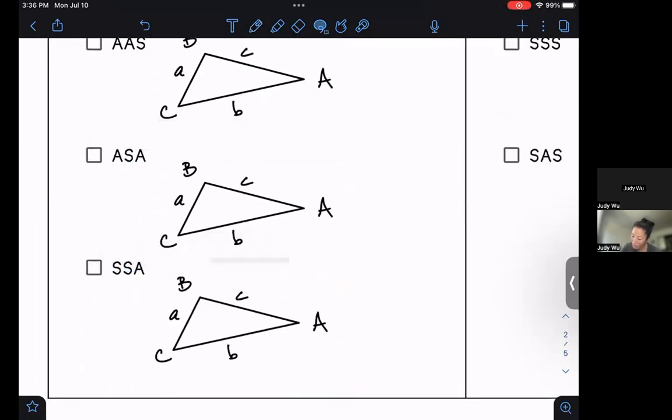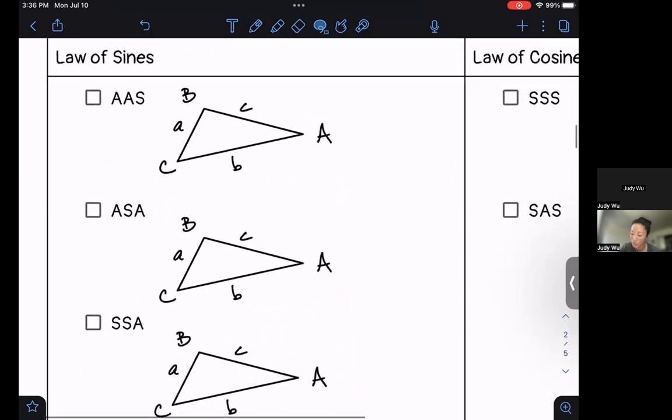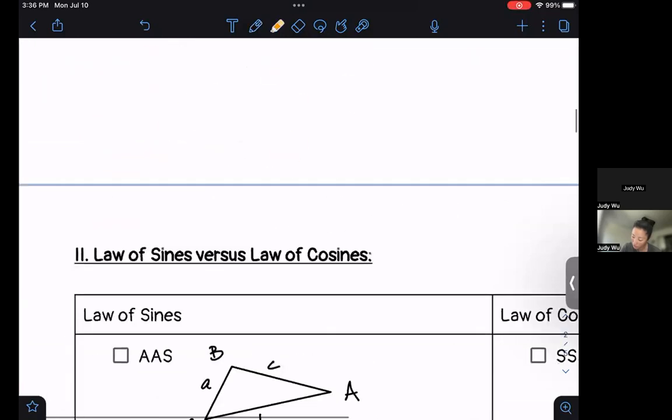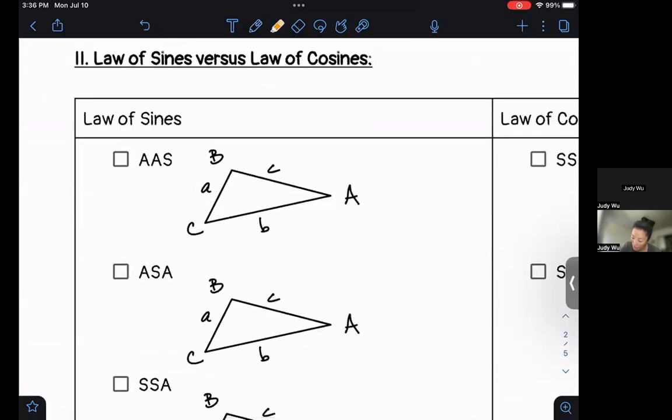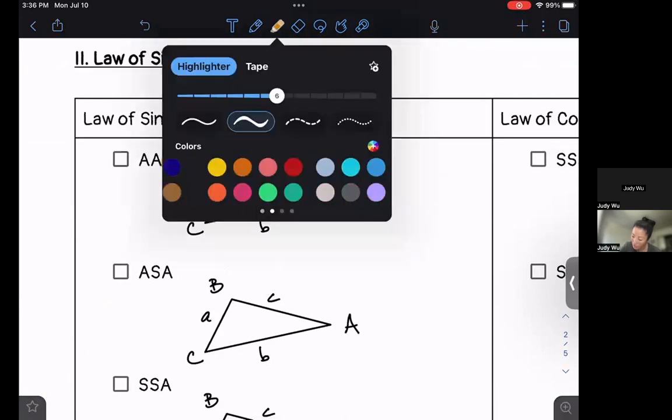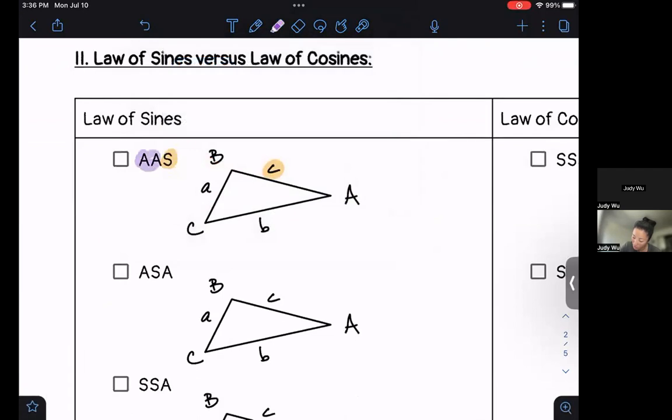Keeping in mind that it doesn't quite matter what the triangle looks like, if we have this side and these two angles, it would have to be angle B and angle C. That would be a good example of angle, angle, side.